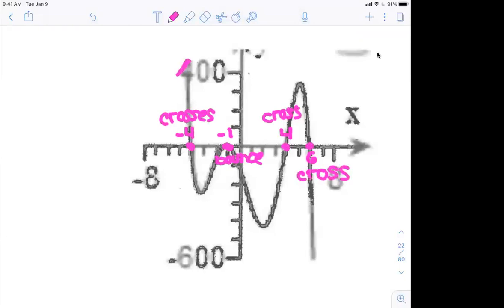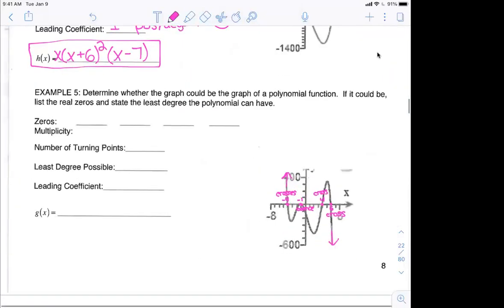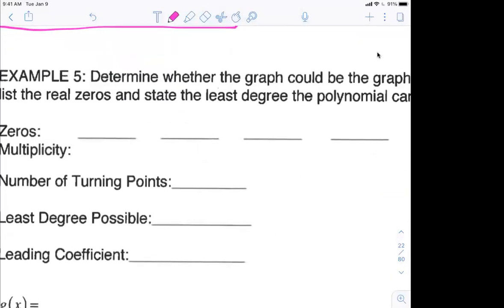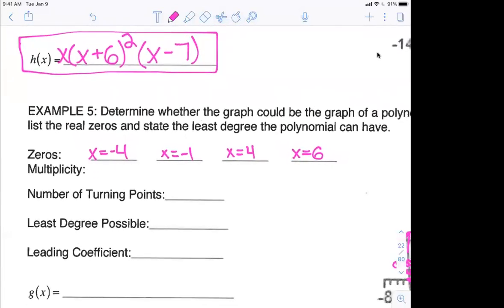The other thing to note is the end behavior. What is the end of the graph doing? We should be able to write the equation from there. Again, our zeros are where the graph crosses the x-axis: x equals -4, x equals -1, x equals 4, and x equals 6. For multiplicity, if it's even, go with 2.